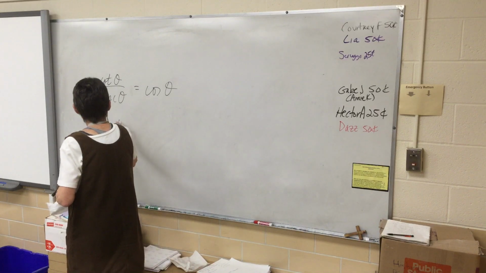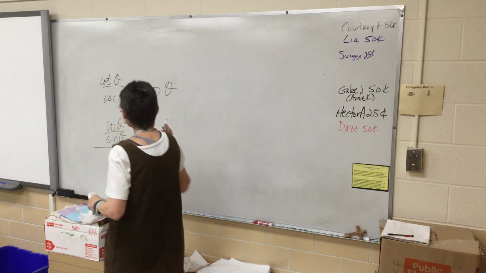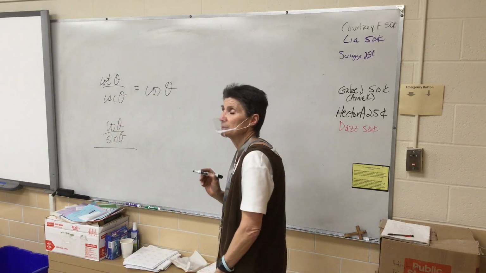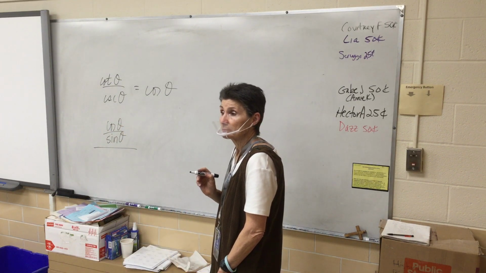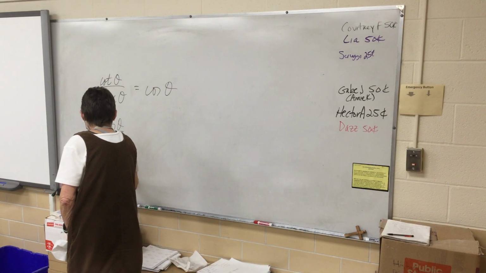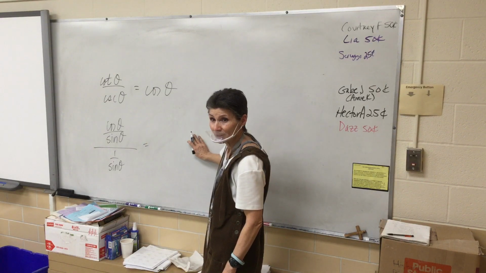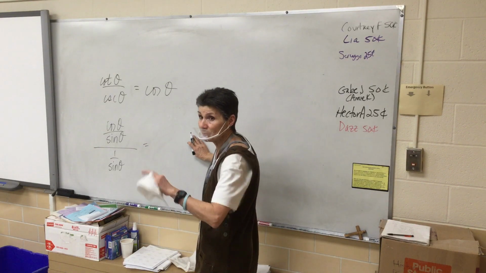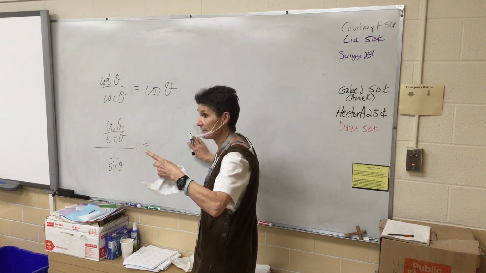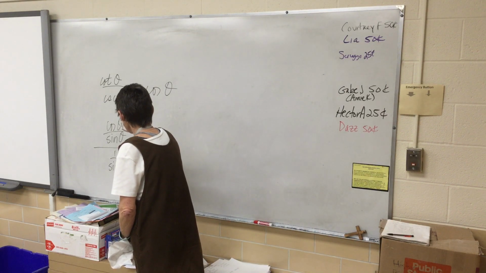So I've got cosine over sine, and then divided by 1 over sine. Now, that's another complex fraction, but this one would be easy to invert and multiply if you wanted to, but it's just as easy to multiply everything by sine.